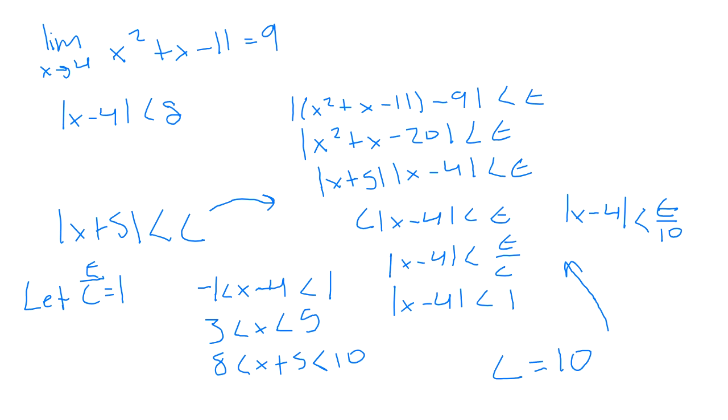There is one more thing I have to think about, though. We said earlier that epsilon over c is going to be 1. But we also have this epsilon over 10 that we can use. We always want to use the smallest value for delta we can get, so we make sure that everything falls into the proper range.